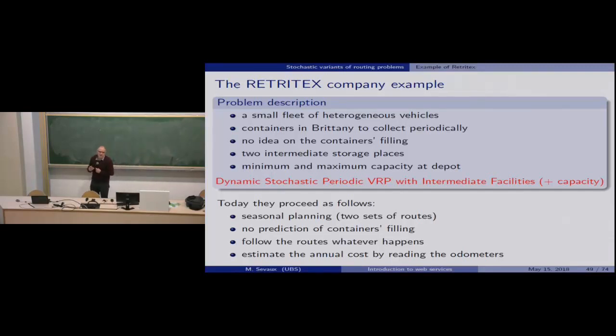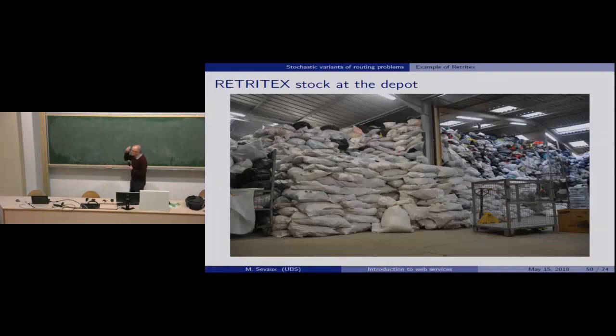Of course, this is far from optimal because there is no adaptation at all. And there's no way of estimating the cost except after reading the odometers. So they come to the truck and say, oh, in these last 6 months you have driven this amount of kilometers. This is the only way they have to measure the cost of the route. So of course we need to do something for them.